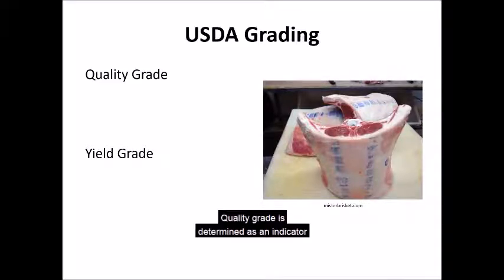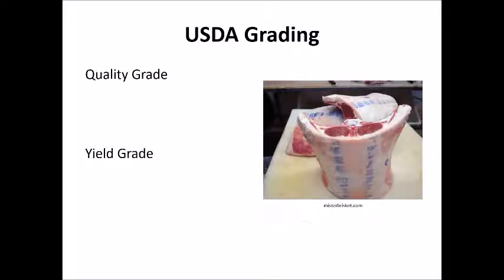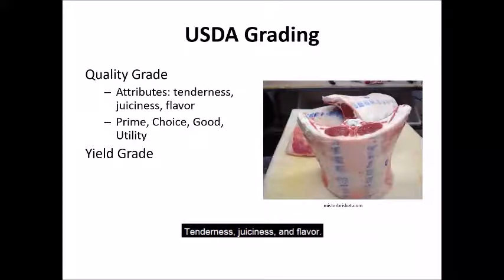Okay. Quality grade is determined as an indicator of a pleasurable eating experience: tenderness, juiciness, and flavor. There are 4 quality grades in lambs: prime, choice, good, and utility.